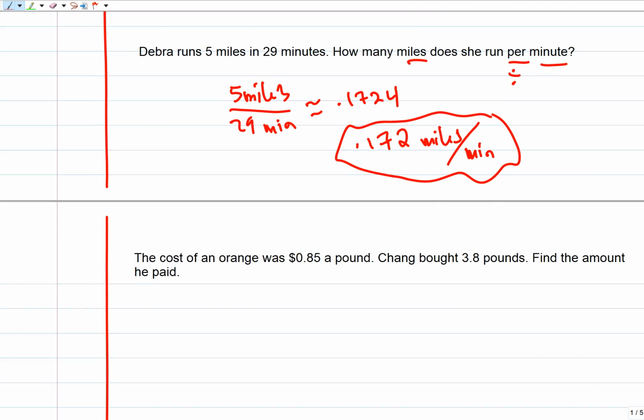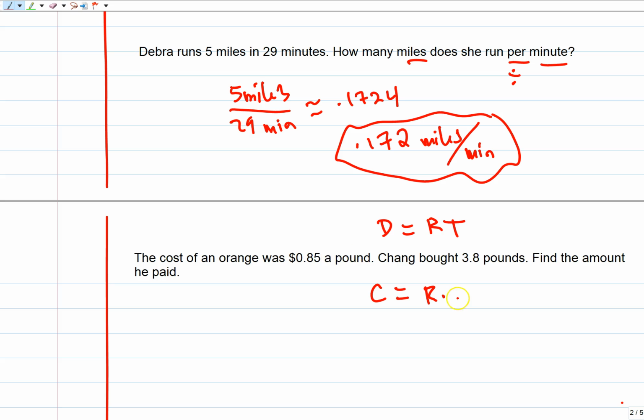The cost of an orange was 85 cents a pound. Cheng bought 3.8 pounds. Find the amount he paid. Notice this time they didn't ask you to find a rate. They asked you to find the amount. This is still a version of d = rt, but we're not dealing with distance, rate, and time. We're dealing with cost. The cost will be the rate times the amount. So the rate is what?